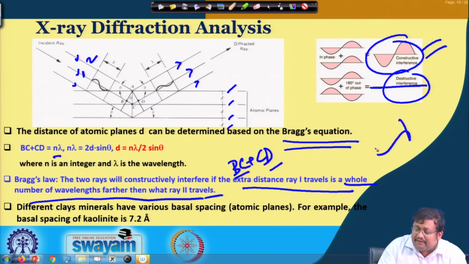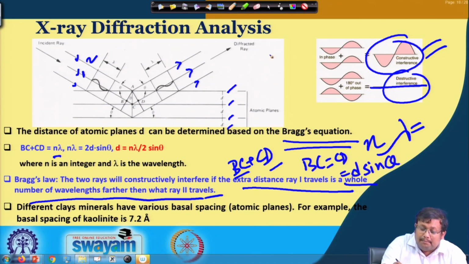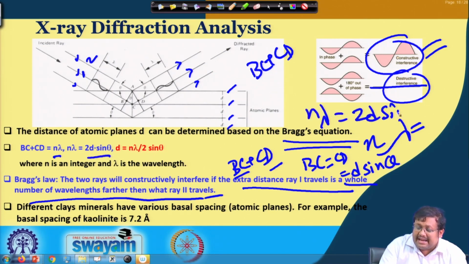If we consider the wavelength of the X-ray is lambda, a whole number is n lambda, where n is an integer. BC equals CD equals d sin theta, so BC plus CD will be 2d sin theta. So, n lambda equals 2d sin theta.